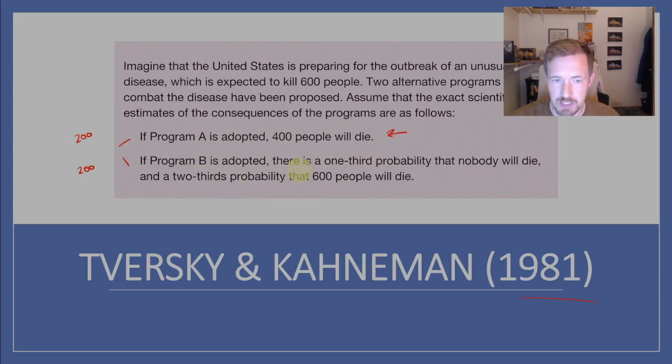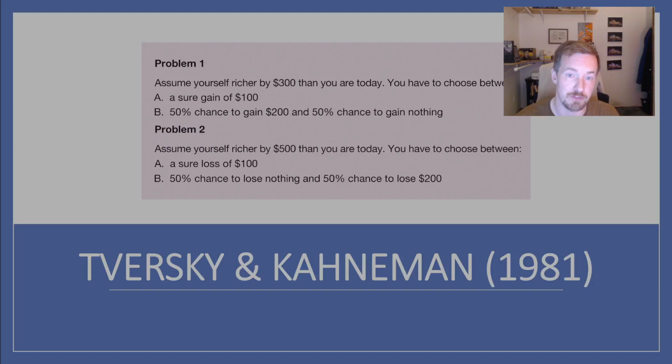And then we could frame this as if program B is adopted, there's a 2/3 probability everybody will die, and a 1/3 probability that 200 people will live, right? That might actually change the way that we choose it. I think if we framed it that way, more people would choose program A, which is, in fact, what Tversky and Kahneman showed in their original paper. They reversed those.